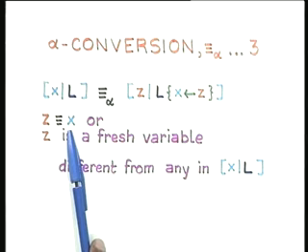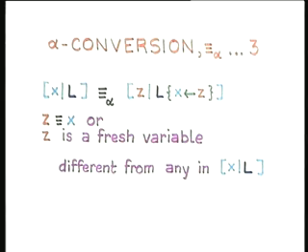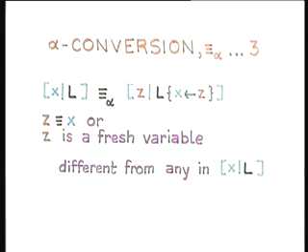So this z is either the same as x, or again I am playing safe, z is a fresh variable different from anything in this term. This is the safest game to play and not get misled by most of these books which only concentrate on free variables. It is possible to construct very often perverse and convoluted examples in which some of the definitions in most of these books will be proved wrong.